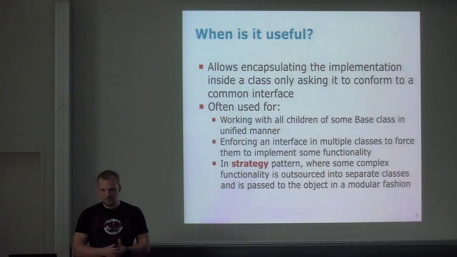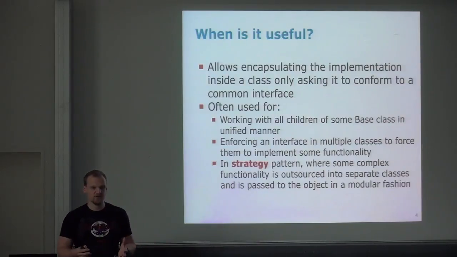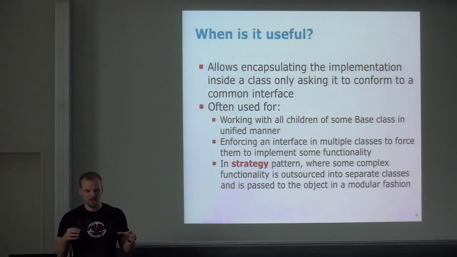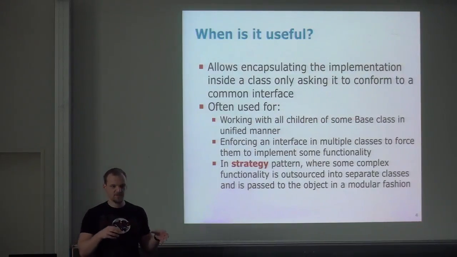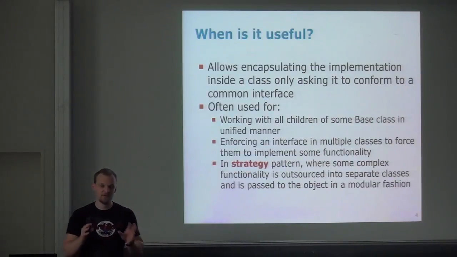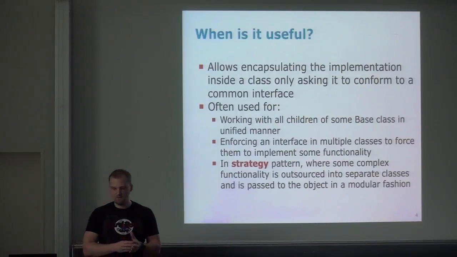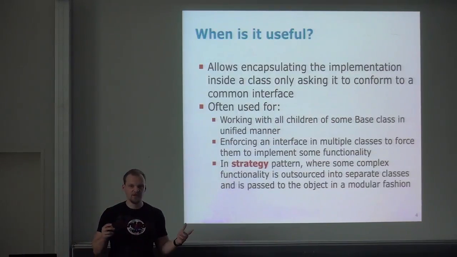So there are a couple of use cases which are common. We want to encapsulate some implementation in a class. We're going to focus on three ways of using it in this course.